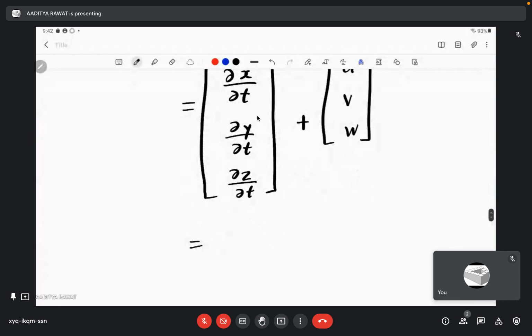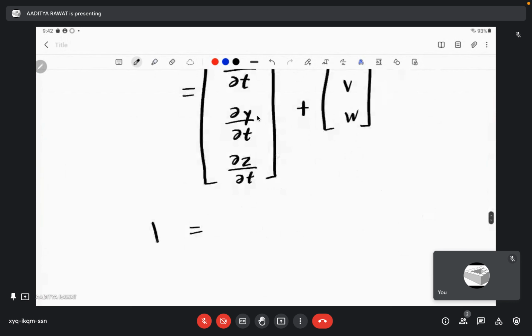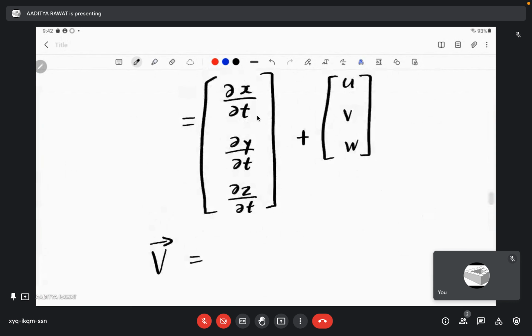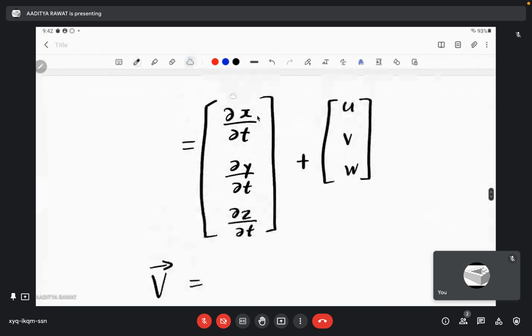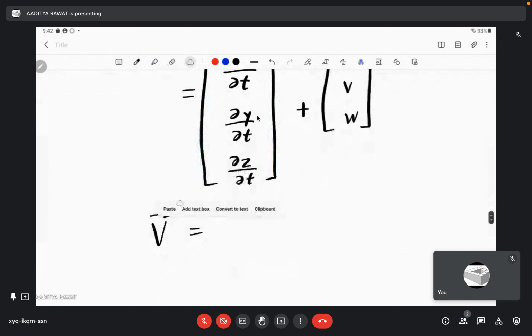We also know that the left hand side would be equal to v, because velocity is defined as the rate of change of position. So v is the material derivative of r with respect to t. Now this gives us a very important result. On the left hand side we already have v. On the right hand side we have del x by del t, del y by del t, del z by del t, plus v.